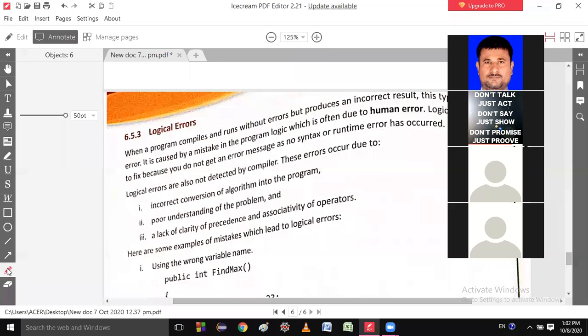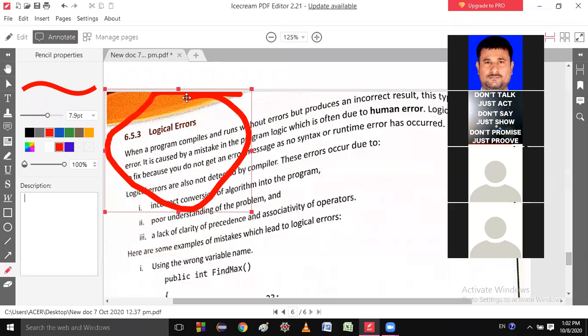So by the name it is clear when this error will come. Your program is syntactically correct. It is compiled properly. Your program does not have any problem at runtime. It runs properly. But the output which you are getting is not correct, then there will be a problem.